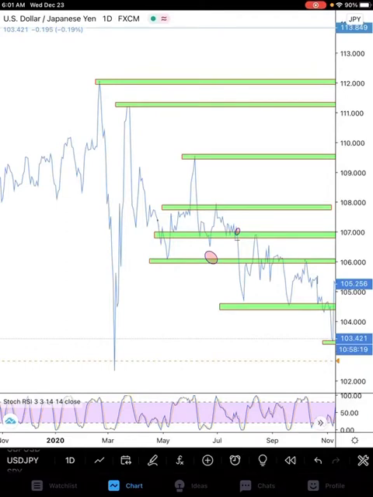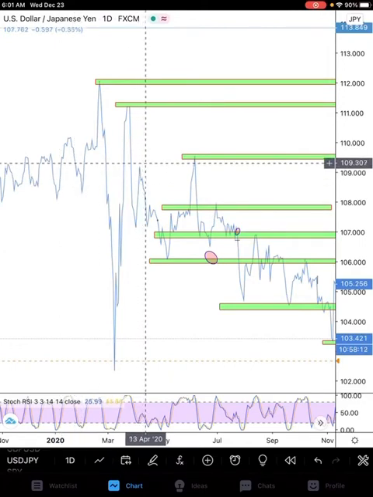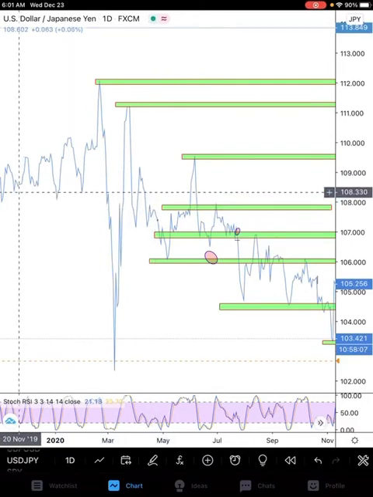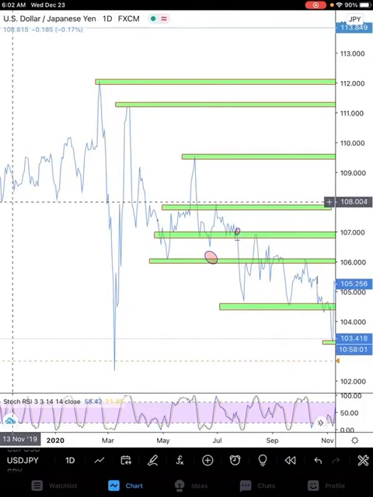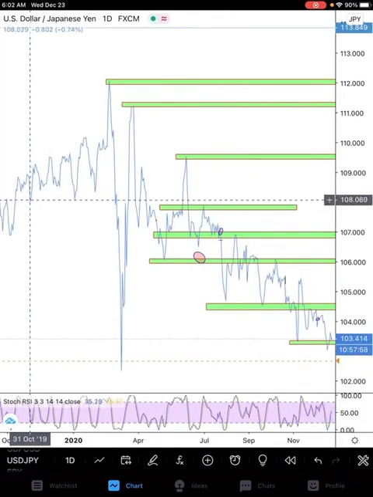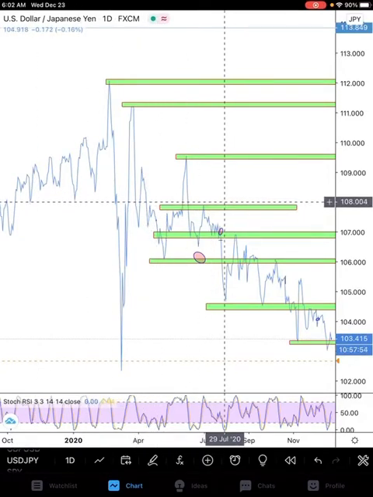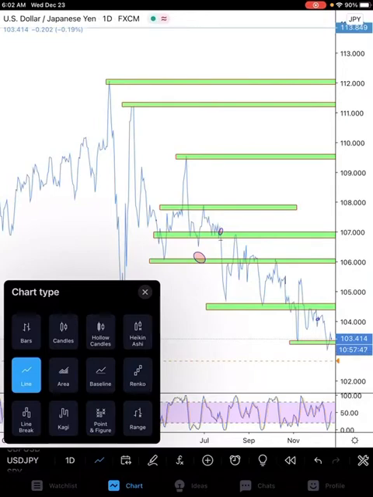And what you're looking for are these levels where you have resistance on one side and then support on another. So down here, I don't really see that too much. Maybe here. This is a good level because if you notice over here and over here you have support, but over here you're finding resistance for that same level. So you can go down to the line chart if that makes things easier.